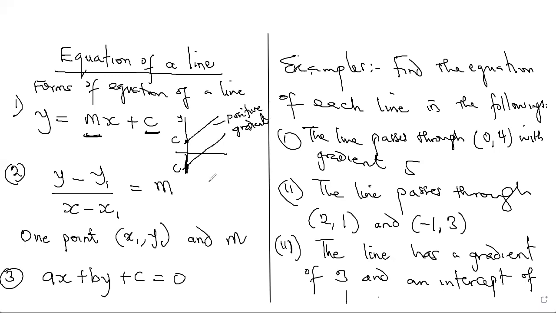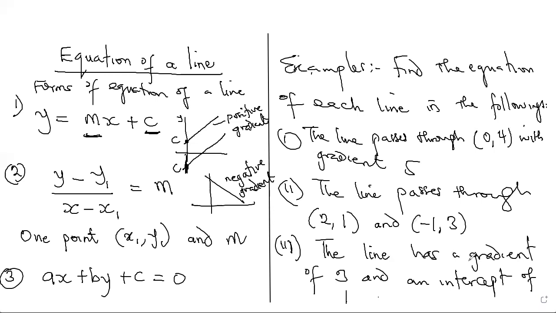And if it slopes from left to right downwards, it's going to have a negative gradient. So pay attention to that. If you do your calculation and for this line you have a positive gradient, you know that something is wrong.